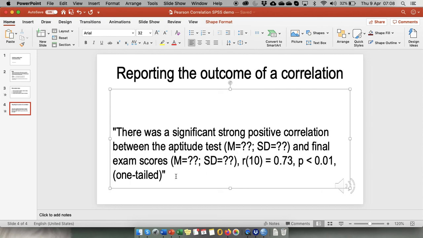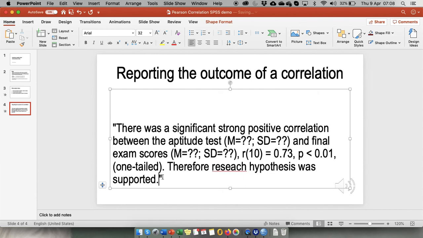And at the end, to conclude the sentence, you'll say, therefore, research hypothesis was supported. So it's very important that at the end of reporting of your results, you always state whether the research hypothesis is supported or not supported.